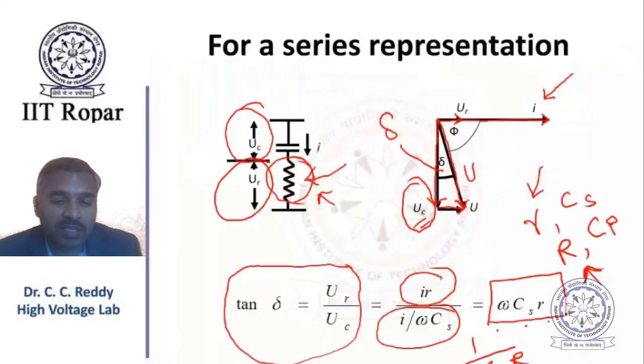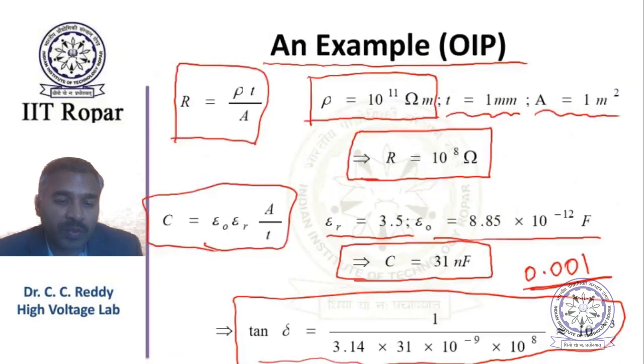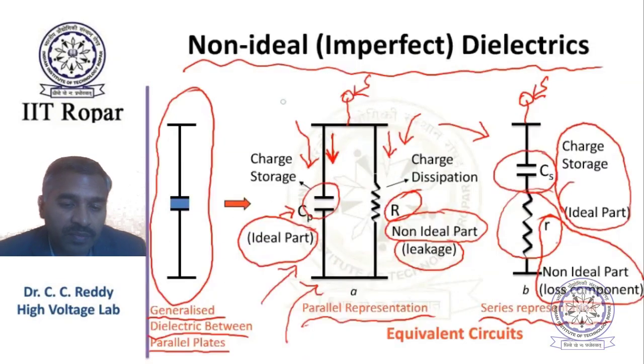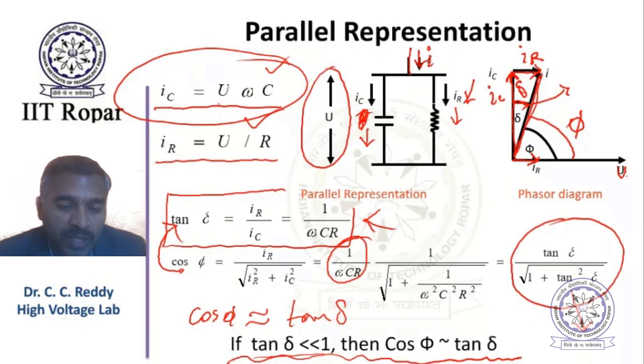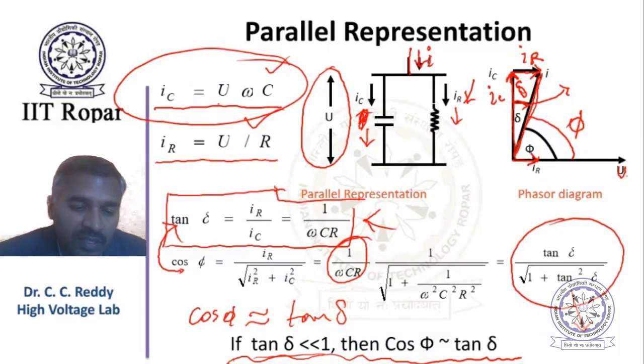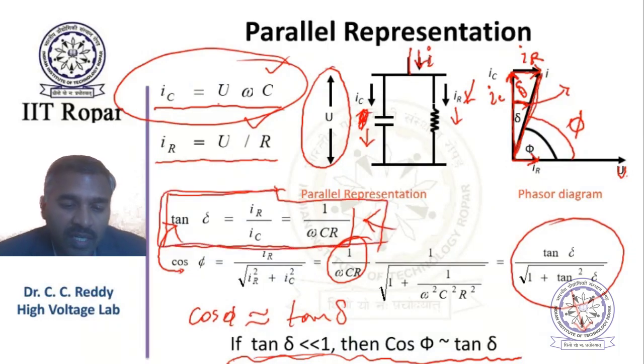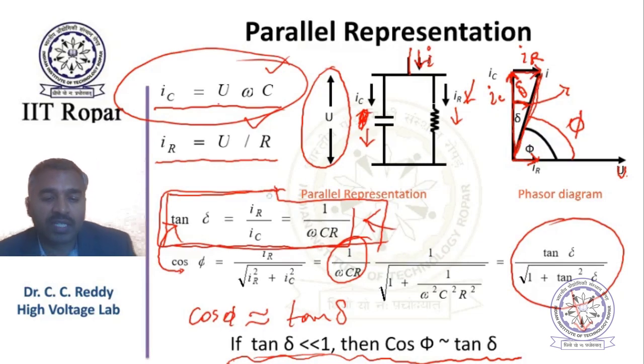Let us go back and see. Here, capacitive current is 0. So this basic definition itself will not work for DC, you can see. IR divided by IC, I cannot divide by 0 because it will be undefined.